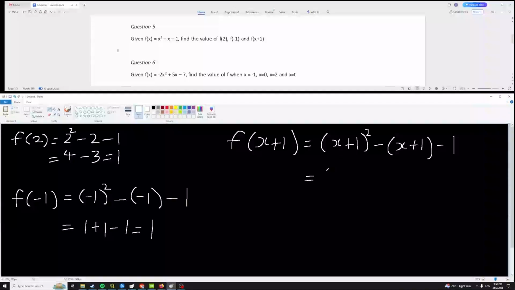So we branch it out now. So x to the power 2 plus, 1 to the power 2 is 1.